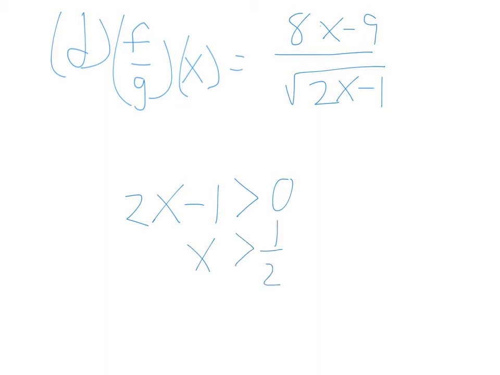The number that you solve for would still be the same, it's just that instead of being greater than or equal to, it must now be strictly greater than. Since it cannot be equal to 1/2, you use a parenthesis now. So the domain would be all the x values greater than 1/2.